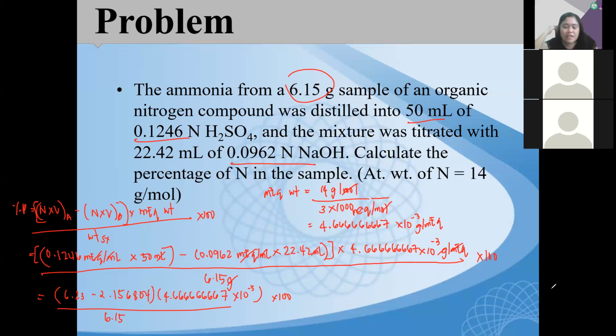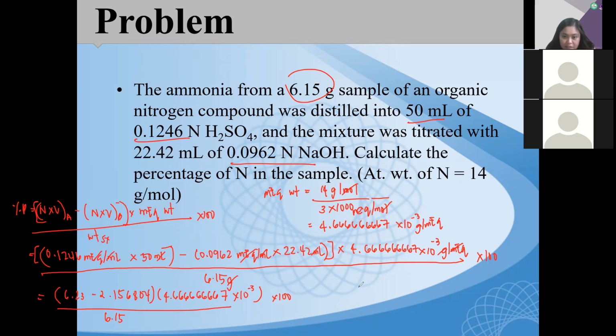I'll do this directly on the calculator without step by step. 6.23 minus 2.15684 is 4.073196, times 4.6666667 times 10 raised to the power of -3, and then divided by 6.15 times 100.